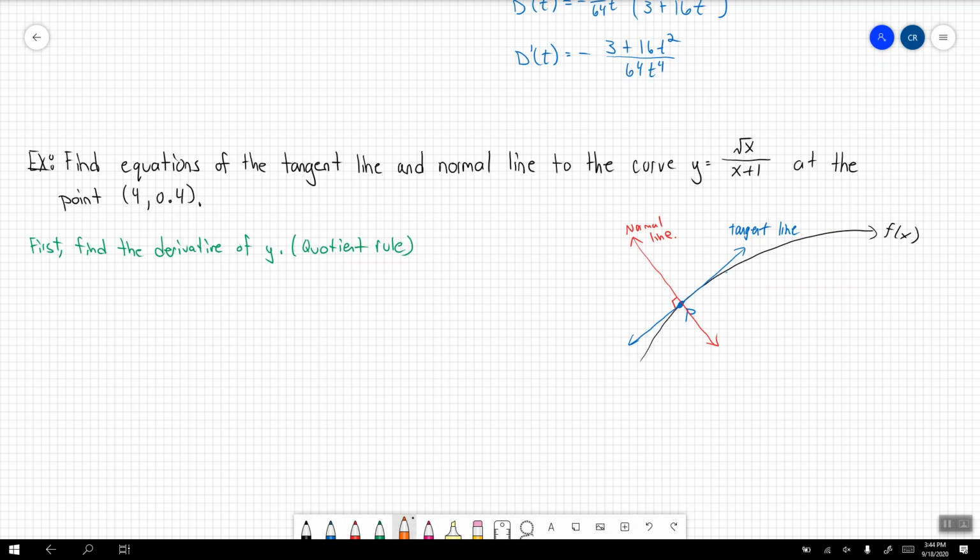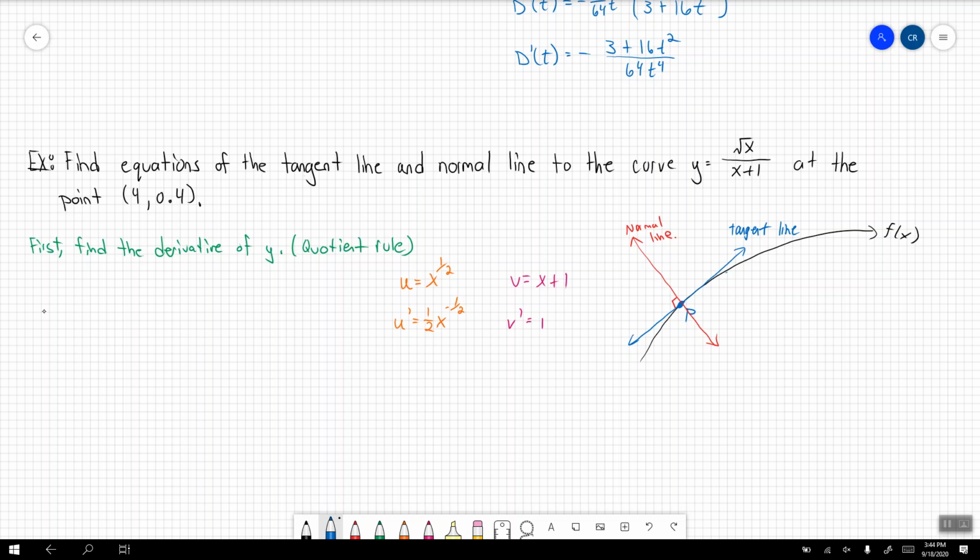So we're going to take our u, which is the numerator. So I'm going to have u, which is x to the power of 1/2. That's the numerator, which means my derivative, u prime, is going to be 1/2 multiplied by x to the power of negative 1/2. I'm going to have my v, which is my denominator, x plus 1, and my v prime is just going to be 1.